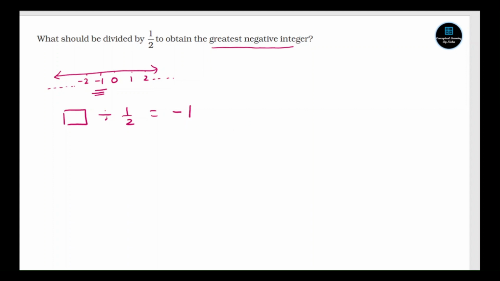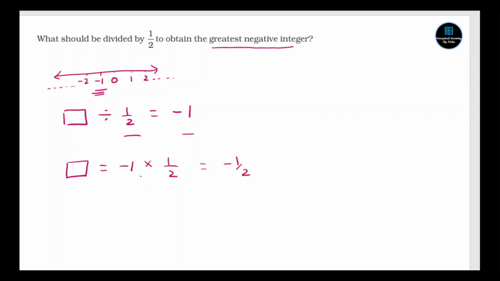See, I have formed this division statement. Now what to do? We have to multiply this number and this number to get this. So we'll get this number by -1 times, multiply it by 1/2. So this is nothing but -1/2.